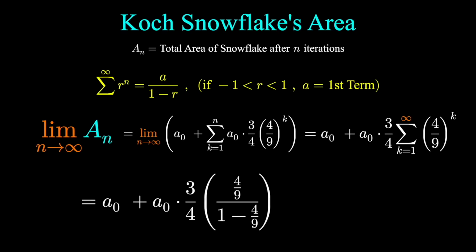Just plugging this into the formula, doing a little bit of algebraic number crunching, we get our answer as 5/8 times A initial, which means the area of this Koch snowflake is only 5/8 times the original area of the triangle. It's a shape whose perimeter approaches infinity, but its area approaches a finite value.